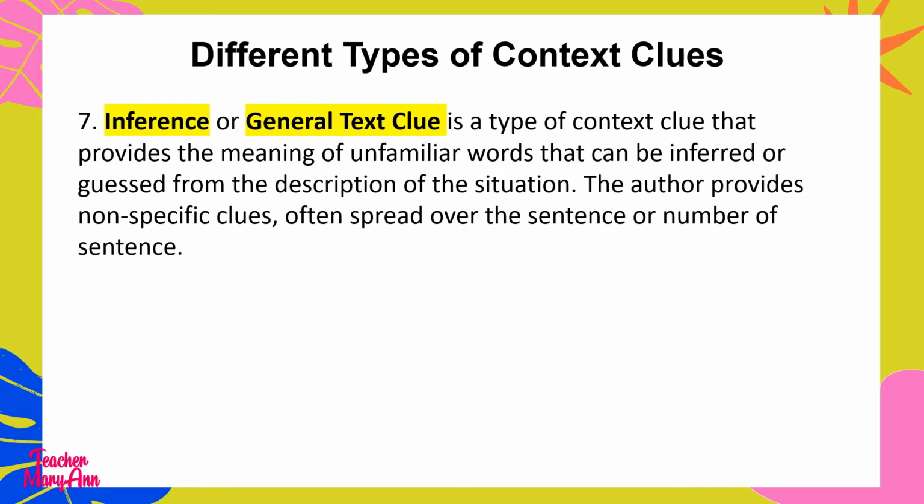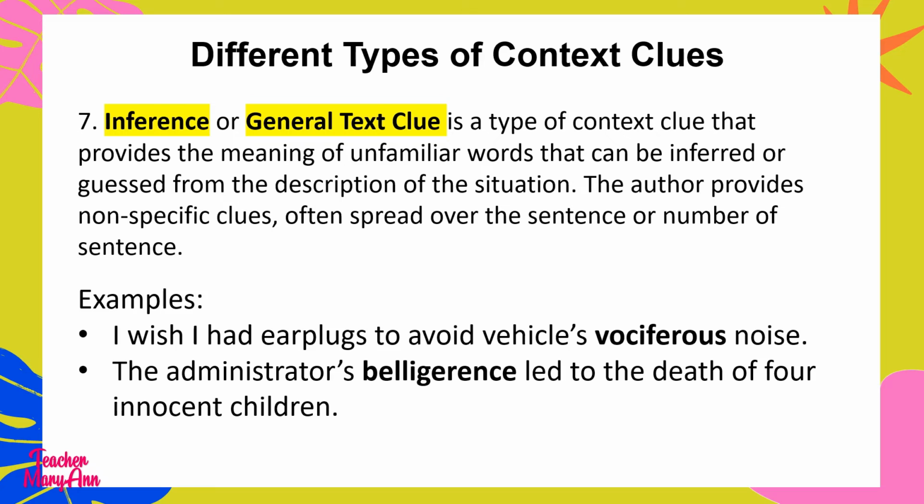Number 7. Inference or general text clue. It is a type of context clue that provides the meaning of unfamiliar words that can be inferred or guessed from the description of the situation. The author provides non-specific clues, often spread over the sentence or number of sentences. For example, I wish I had earplugs to avoid vehicles' vociferous noise.